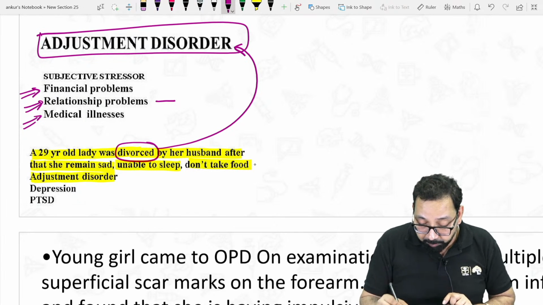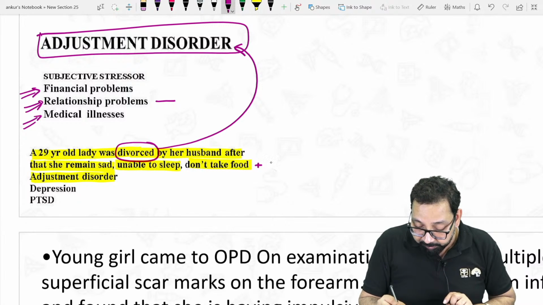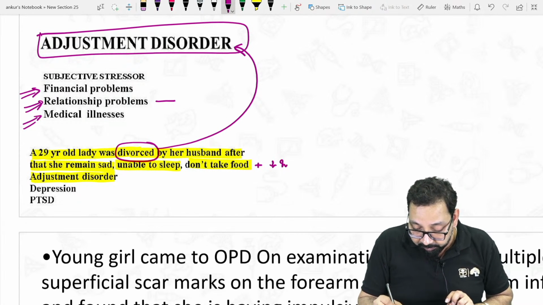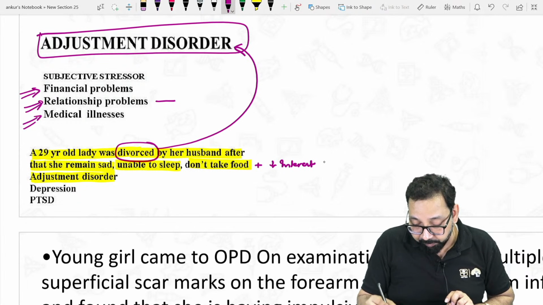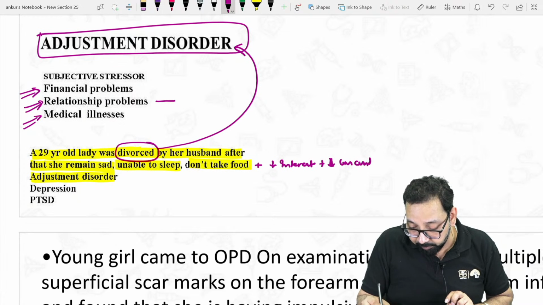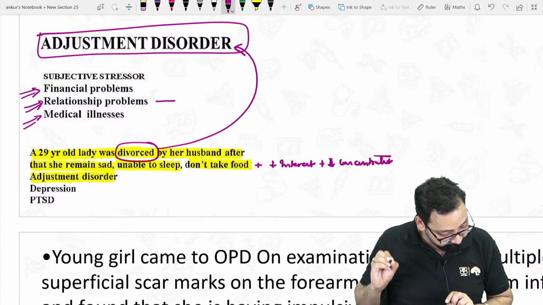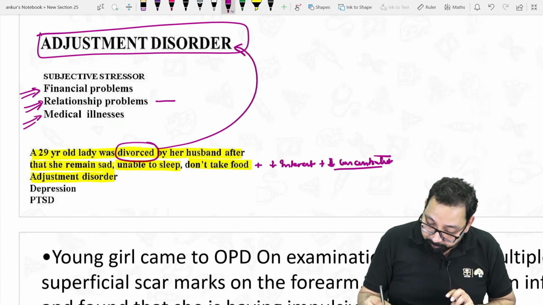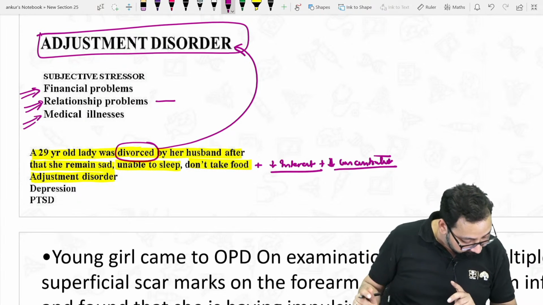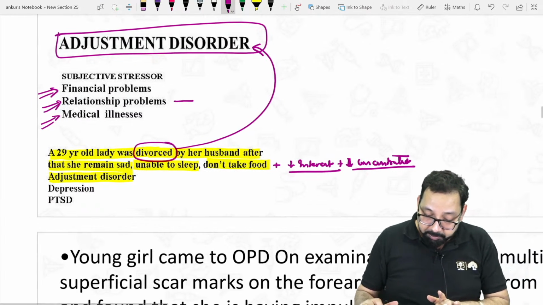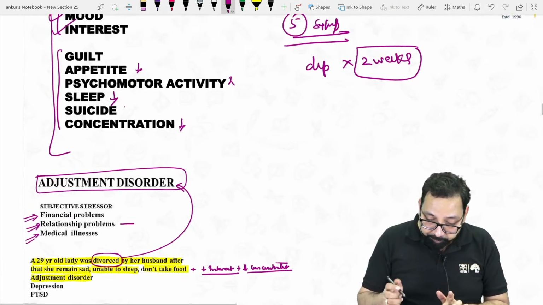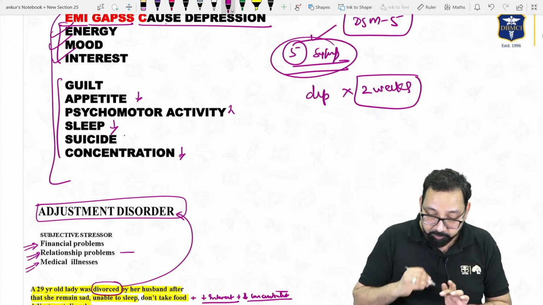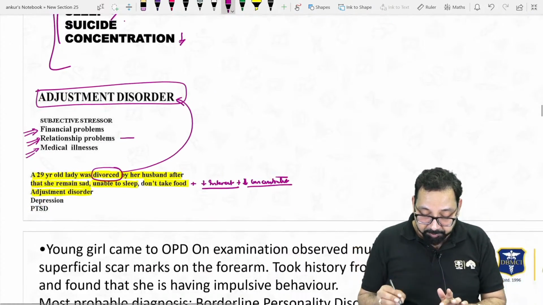But in the same question, if I say decrease interest, decrease concentration, that means 5 symptoms are there.